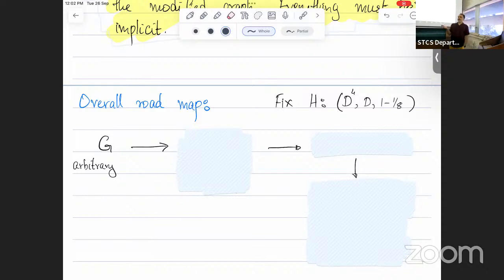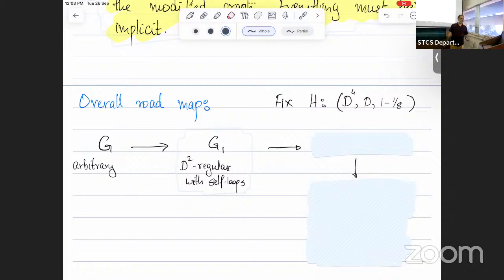Now G is some arbitrary graph. I have no control. It need not be regular. It's just some undirected graph. So the first thing that I'm going to do is make it d squared regular, just like we would have done in the previous case. In the previous case, we started off with G1, which was basically H squared, so that it became d squared regular. But now we'll try to come up with some other method to make it d squared regular. And we will make sure that we introduce self loops in the process, just to make sure that the graph is for sure not bipartite.